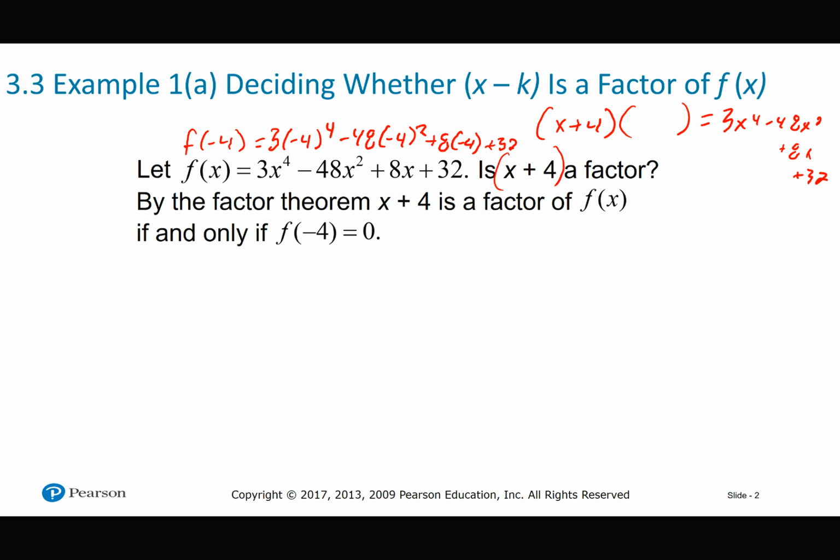Negative 4 being a 0 means it's going to cross the x-axis at negative 4. Okay, so this is how we can check. This is the factor theorem. In algebra 2, we talked about this as the remainder theorem. It's all the same thing. If I have a remainder of 0, then yes, it has to be a factor.